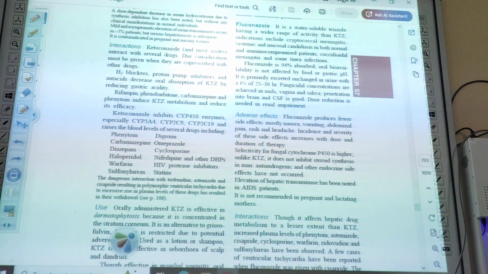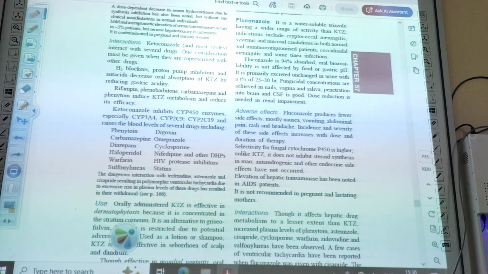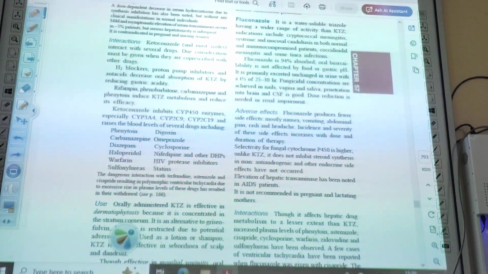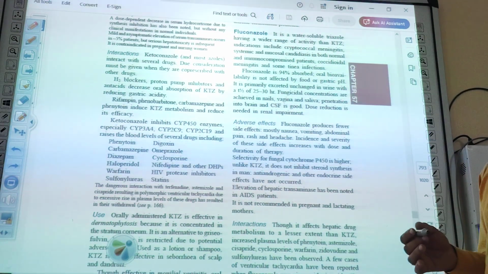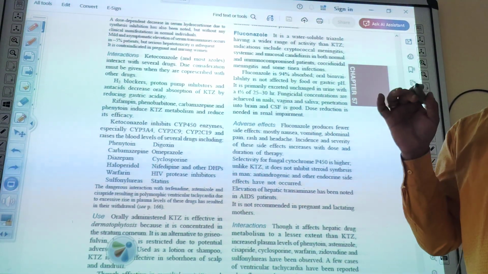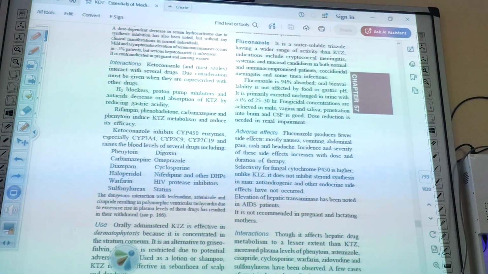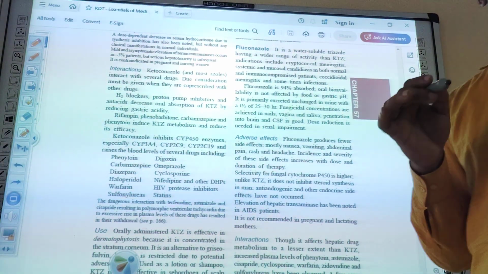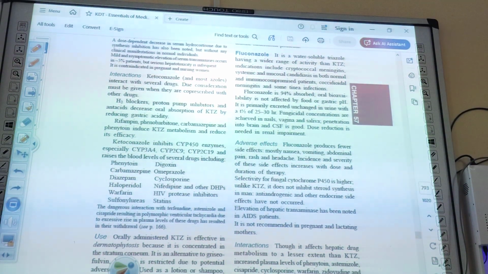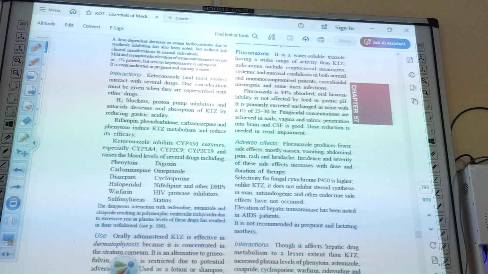But when we simultaneously use ketoconazole with any type of antacid, like an H2 receptor antagonist, omeprazole or proton pump inhibitor, it will reduce the absorption of ketoconazole. That's why during the administration of ketoconazole, we should not use any type of antacid like H2 receptor antagonist or proton pump inhibitor.